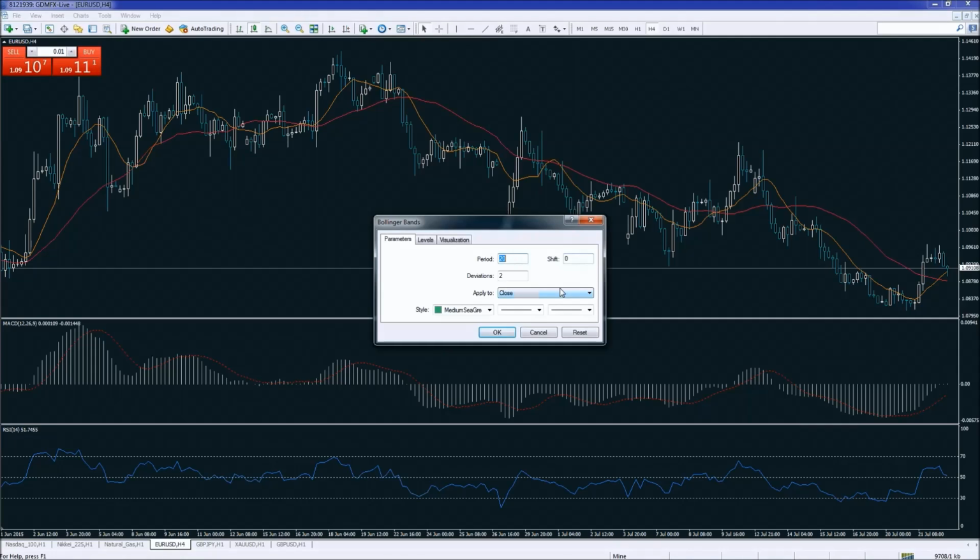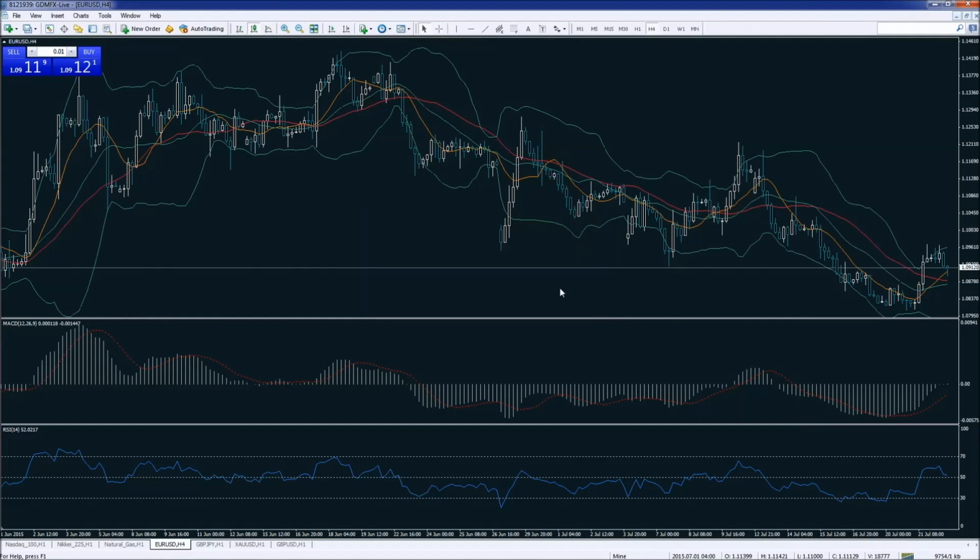Everyone already knows it. The more suitable period for the Bollinger Band is about 20. I've preset it for you. This is how it looks.